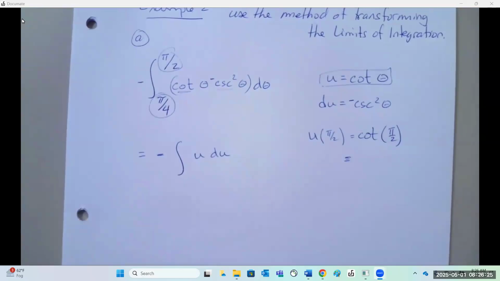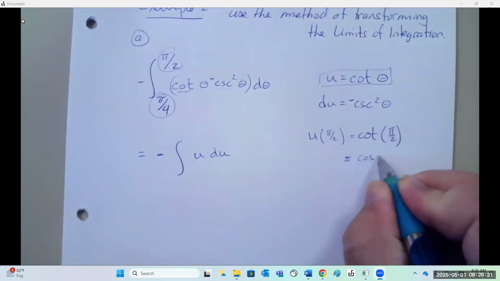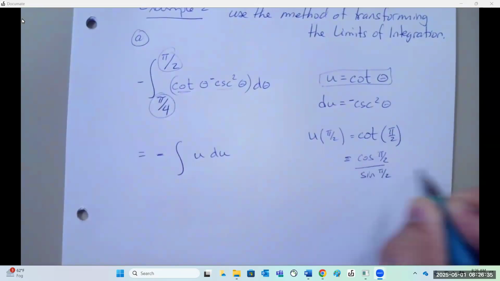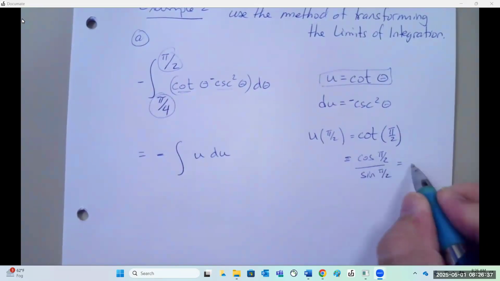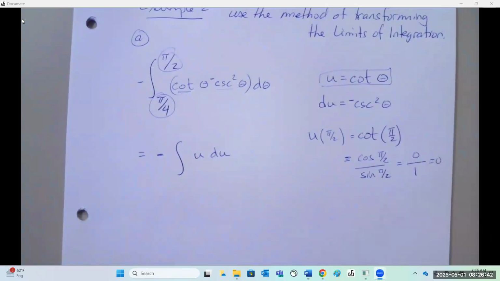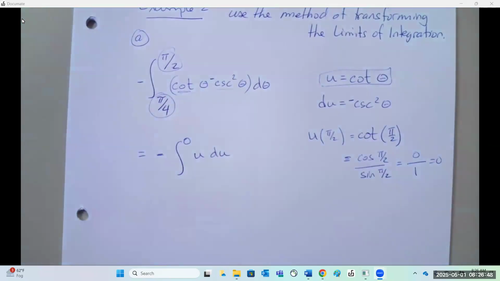Cotangent is 1 over tangent, and tangent is sine over cosine, so cotangent is cosine over sine. Cosine of pi over 2 is 0. Sine of pi over 2 is 1. So that's 0. So instead of pi over 2, I now go to 0.